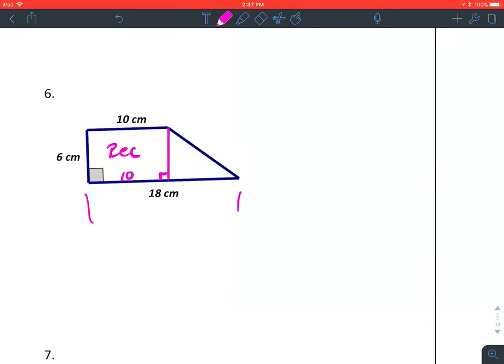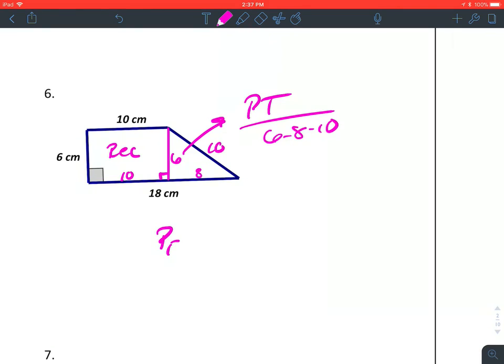If this whole bottom side is 18, and we've used 10 here, that means there's 8 left for the bottom of this triangle. Since this vertical height is 6, the height of the triangle is 6. So we have this right triangle. We can use the Pythagorean Theorem to figure out the length of the hypotenuse, or if we recognize the Pythagorean triple, this is a 6, 8, 10 right triangle.